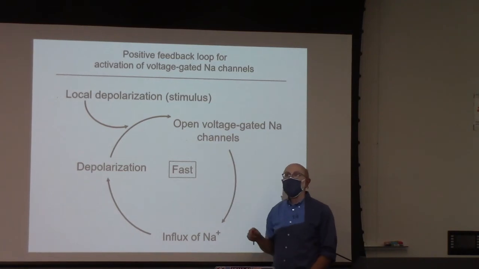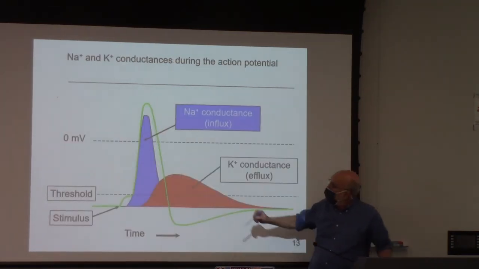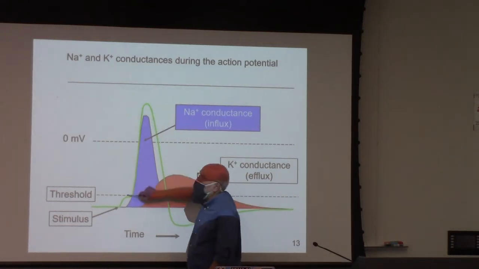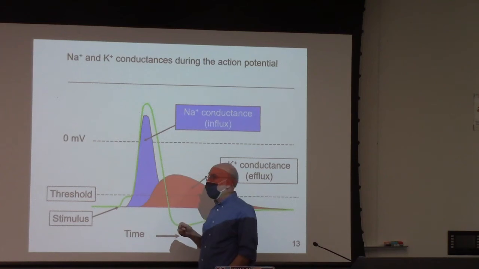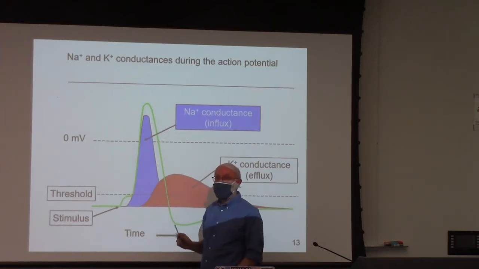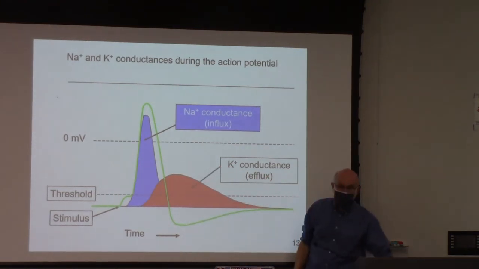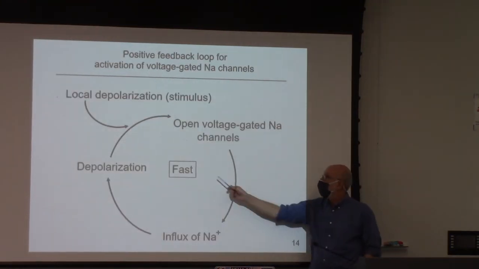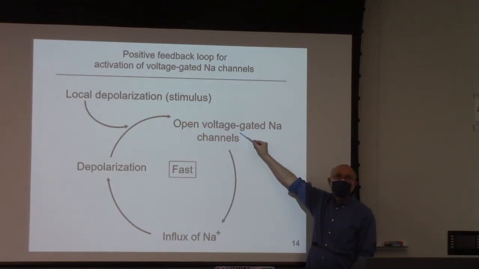And we run this loop so fast that in something like 1/10 of a millisecond, it's much less than a millisecond to go from threshold to the peak. It's fast because voltage-gated sodium channels are fast.